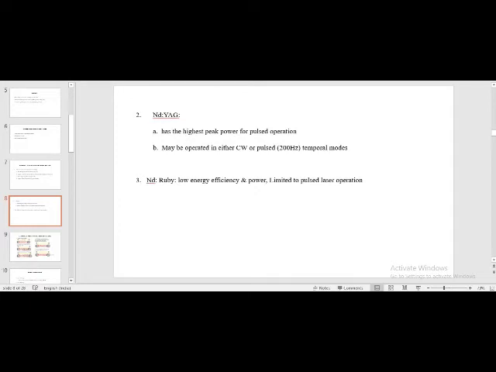Nd:YAG. Nd:YAG stands for neodymium-doped yttrium aluminum garnet. It has the highest peak power for pulse operation and may be operated in either continuous wave or pulsed temporal modes. And the third one is Nd:Ruby, with low energy efficiency and power limited to pulse operation.